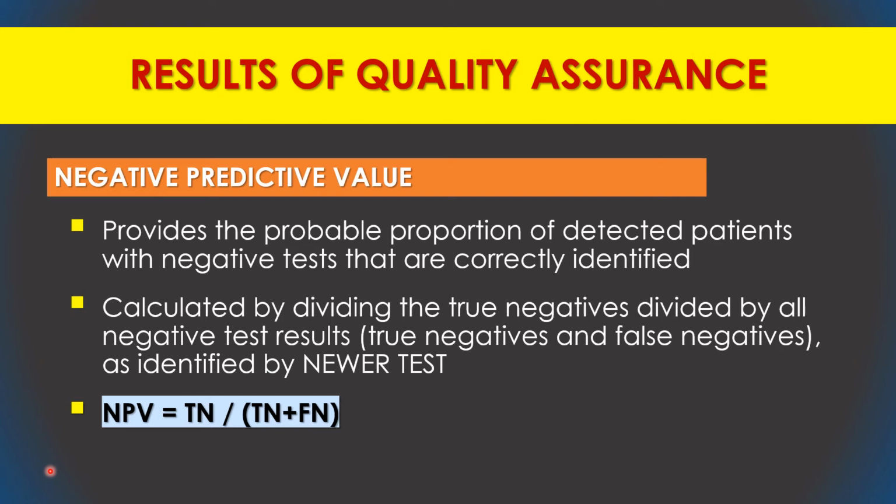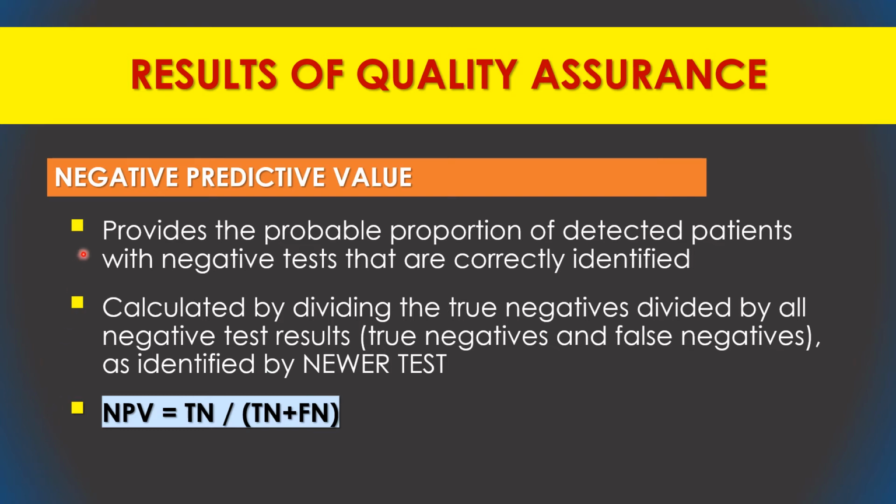My test says that out of these 900, for example, 890 are truly negative. So this is the accuracy of my test in detecting the negative or the normal persons. I don't want to have a normal person diagnosed falsely as having a disease. This is a bad situation, of course.